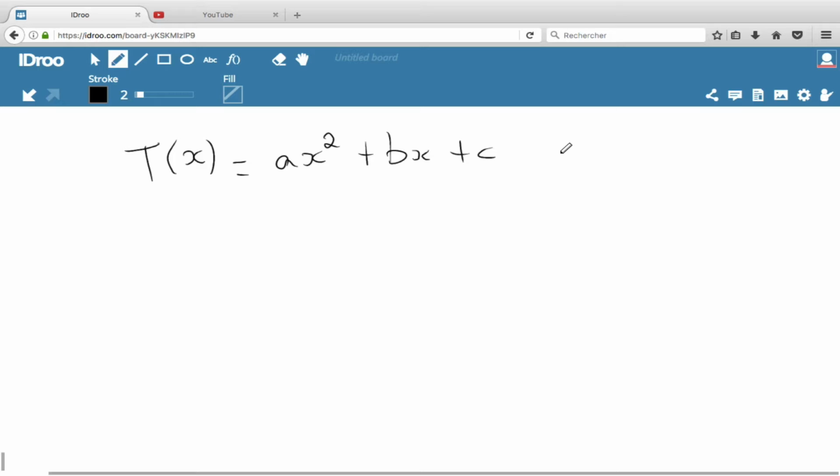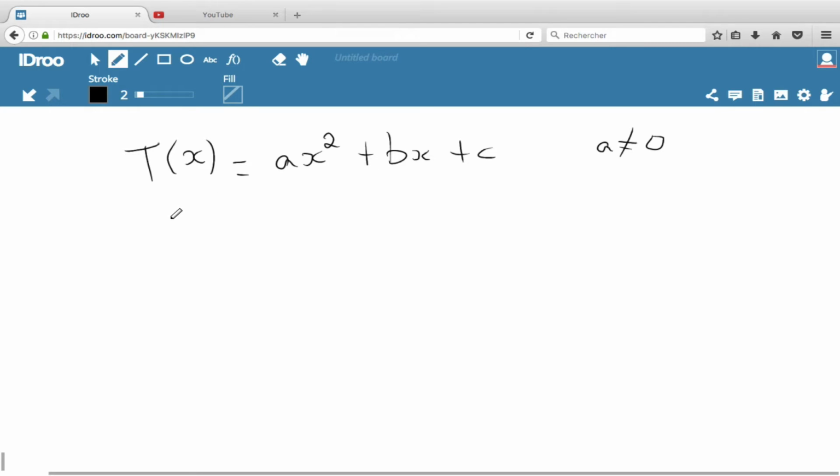Okay, so first let's assume that a is different from 0, because if a equals 0, that's not the power of 2. So that won't be interesting. Donc d'abord, on suppose que a est différent de 0, parce que sinon, la puissance, ça serait pas 2, du coup, ça serait pas intéressant.